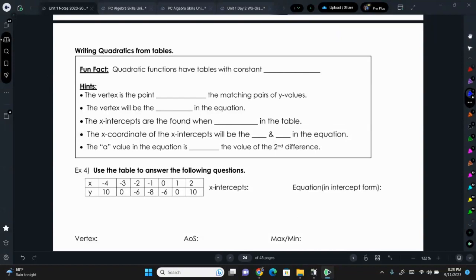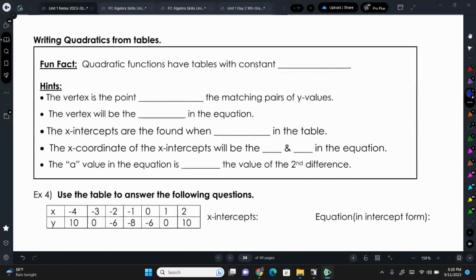So quadratics have what's called a constant second difference. Which means if you calculate the difference between y values and then calculate the difference between that difference, it should all be the same, and that is going to help us find our a value. And we're going to look at the table so you can see that.